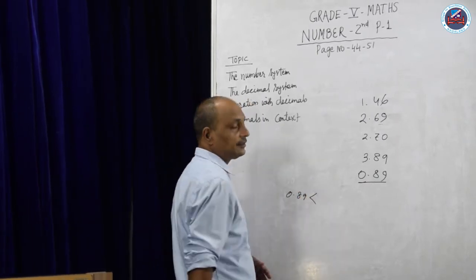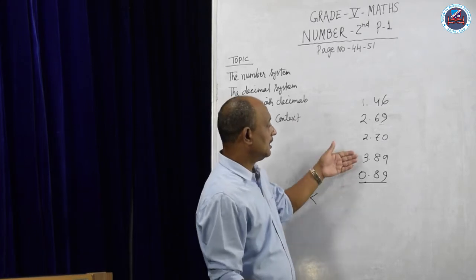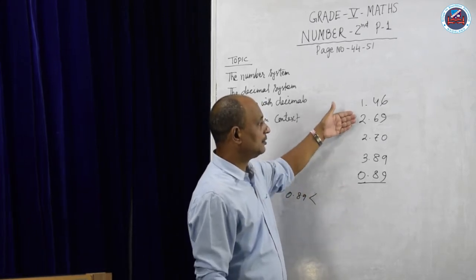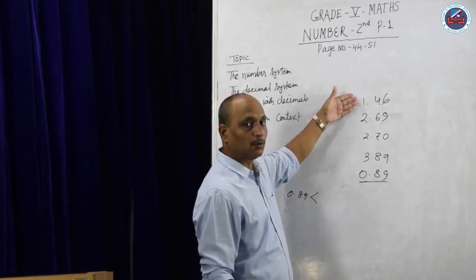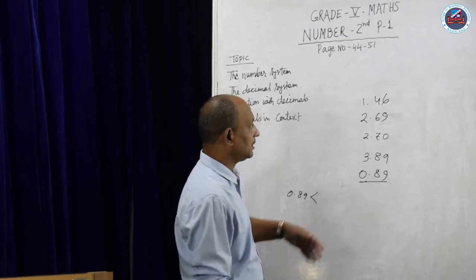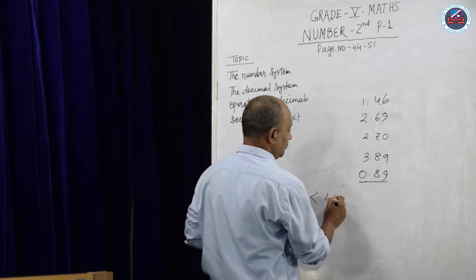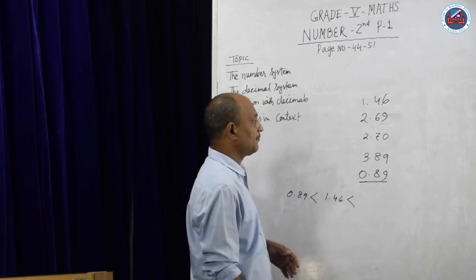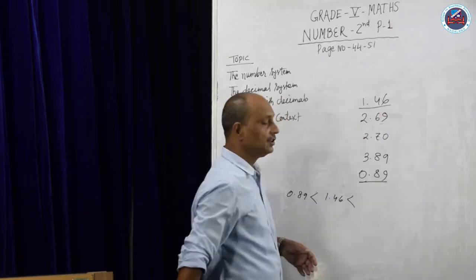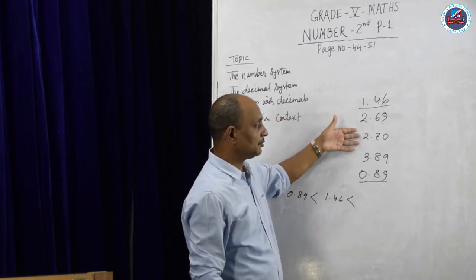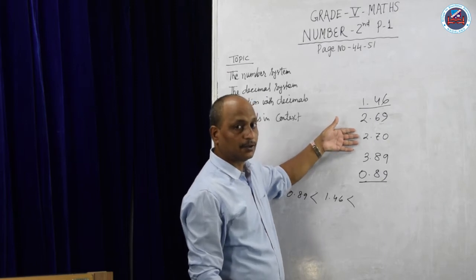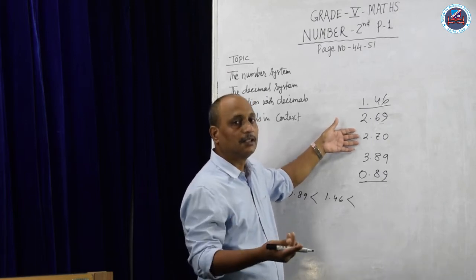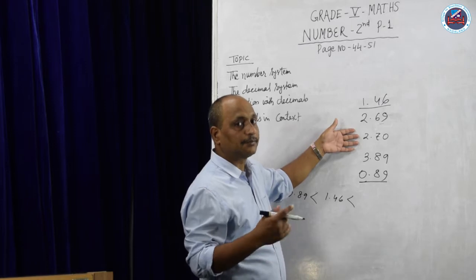This is smaller than, let's go for the next numbers, 3, 2, 2, 1. So 1 is the smallest among all these numbers. So next number is 1.46, is smaller than, this is also done. Next are these two, but these two are the same. So what we'll do now, we have to see the next number after the decimal.